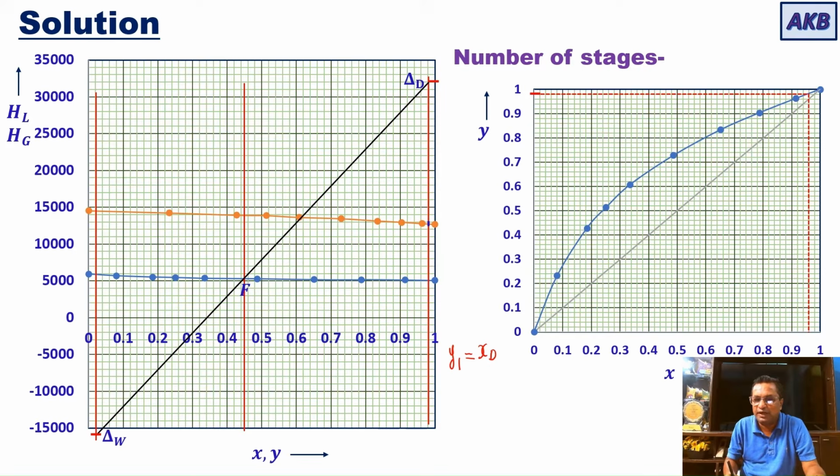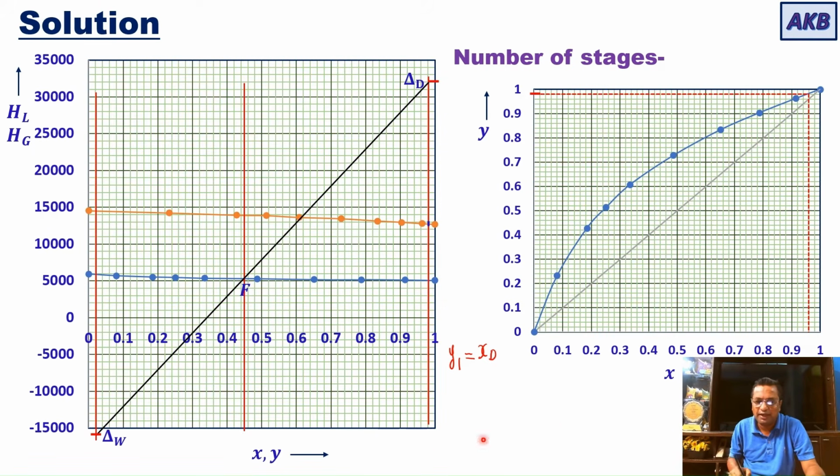Then for that y1, we find the corresponding or the equilibrium value of x. So I will start at y1 and then go to the equilibrium curve and then come back to the x-axis and read the value of x.